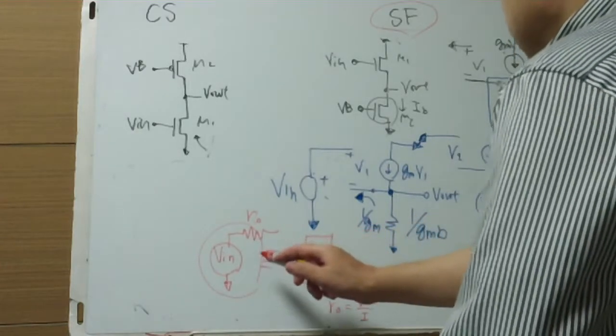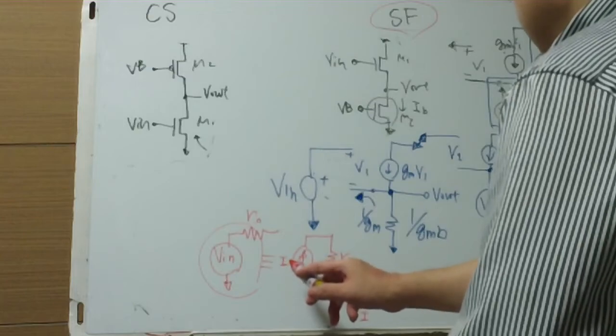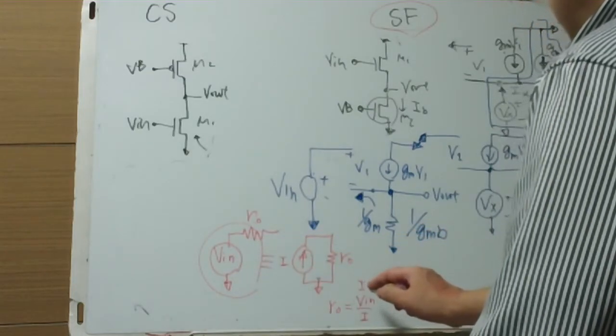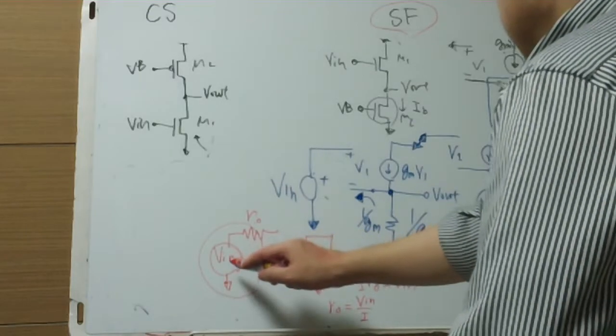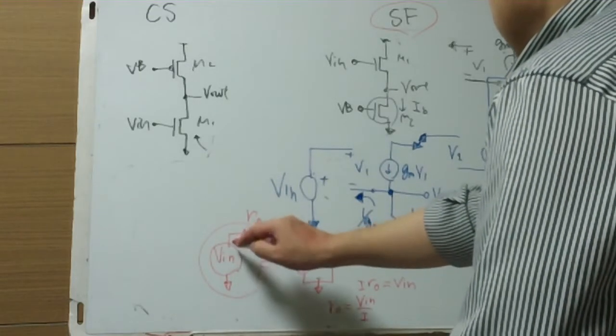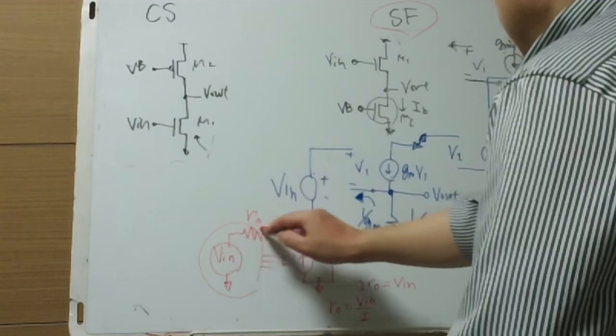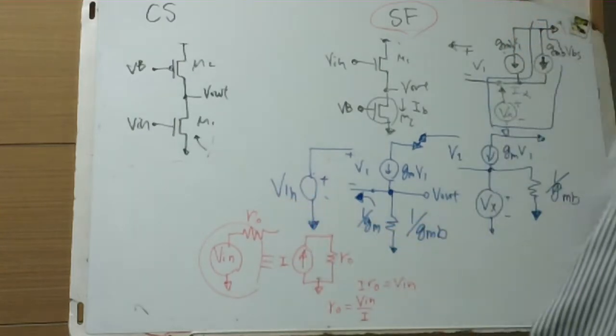Vice versa, if V in equals I times R0, we can write the equivalent circuit like this: V in in series with the output resistance.